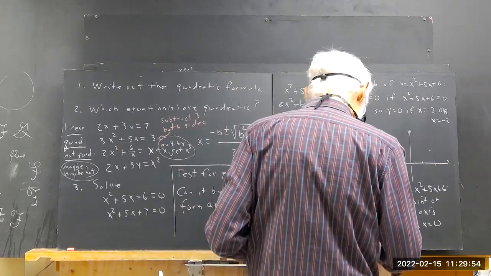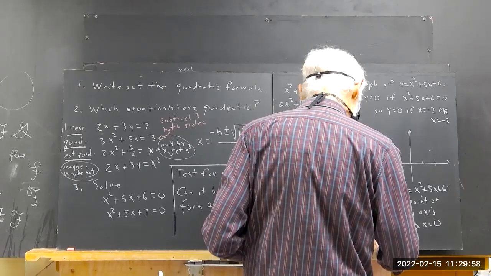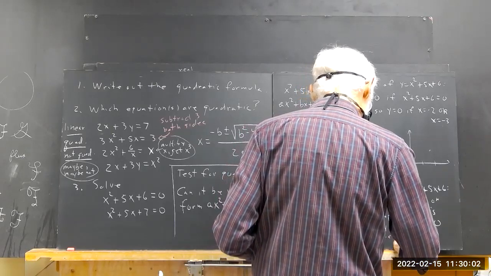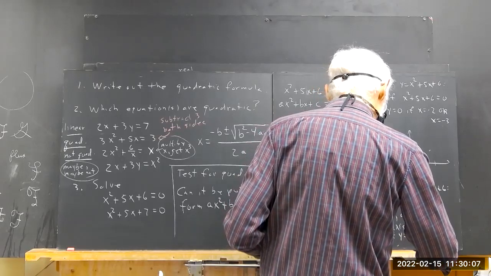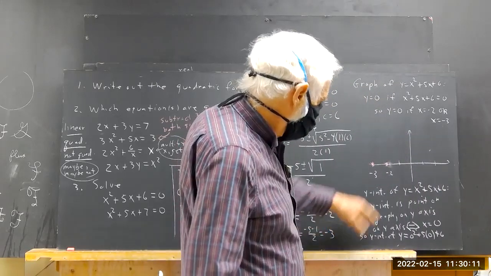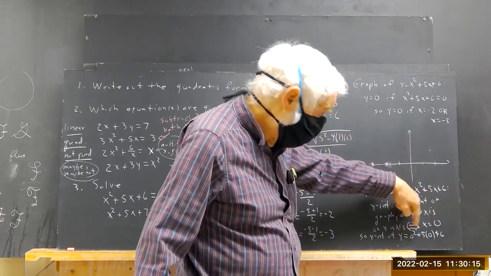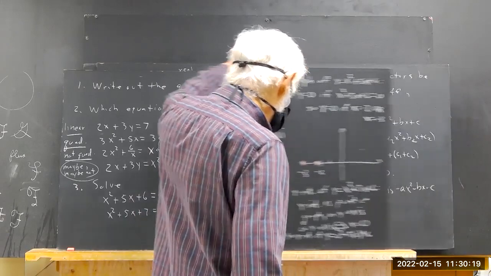So if x is 0, you're going to have 0 squared plus 5 times 0 plus 6. And what's 0 squared plus 5 times 0 plus 6?